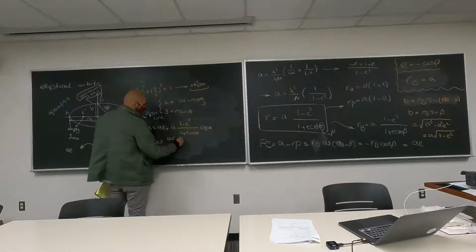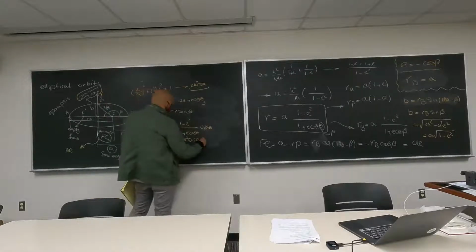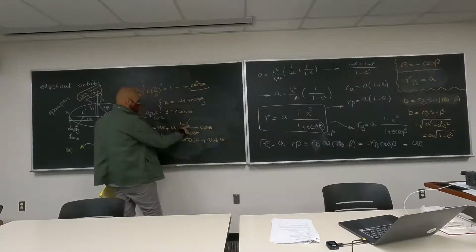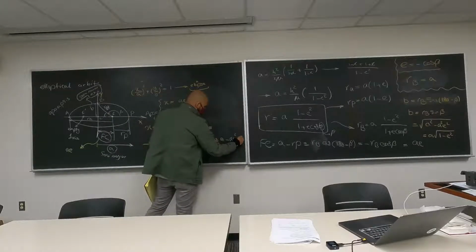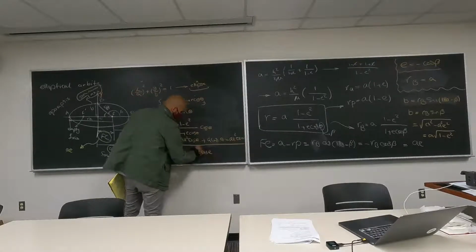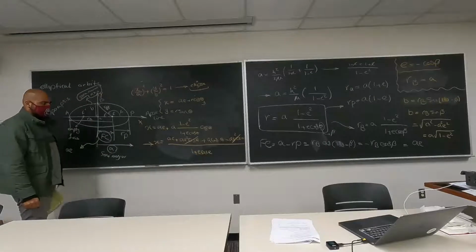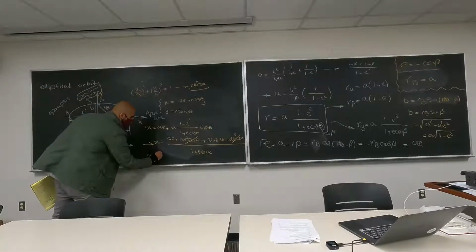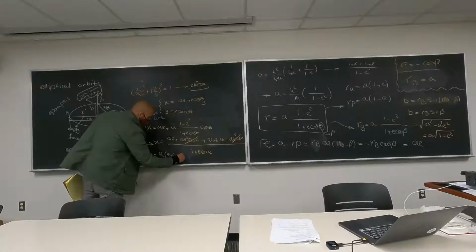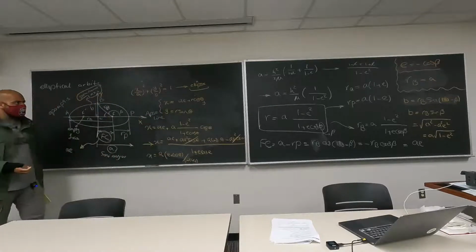AE plus AE squared cosine of theta plus A cosine of theta minus AE squared cosine of theta, divided by 1 plus E cosine of theta. Okay, these two will cancel out, and we are going to end up with this. x is equal to A(E plus cosine of theta) divided by (1 plus E cosine of theta), right? This will be your x.